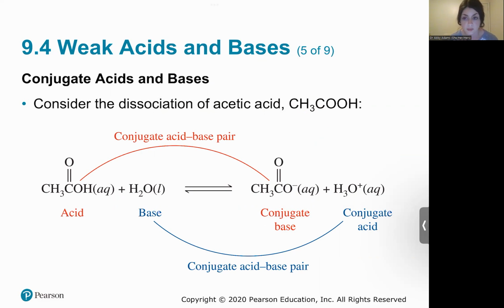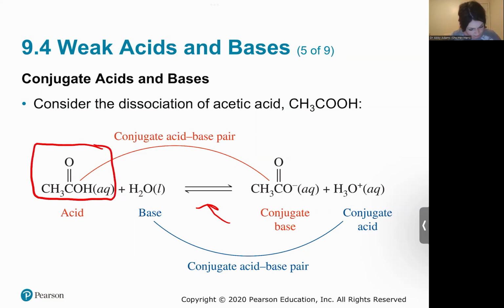So we're going to build on what we talked about already, and we named acids and bases whenever we wrote those chemical equations. And now we have our conjugate acids and bases. Okay, so let's talk about what that is. Whenever we have this reaction, we have our acid on this side of the equation.